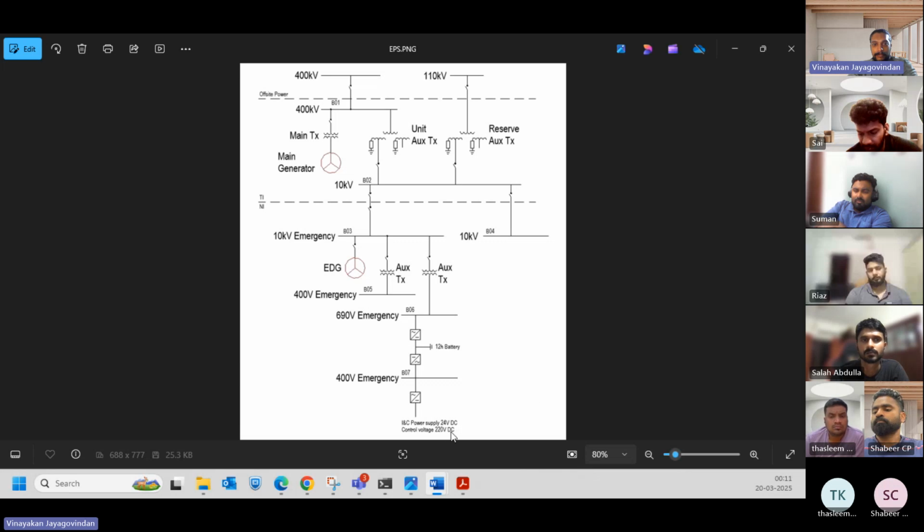Also, we are using an inverter. We invert this 220 volt DC to 400 volt AC, and we ensure the 400 volt AC system also will remain operational.